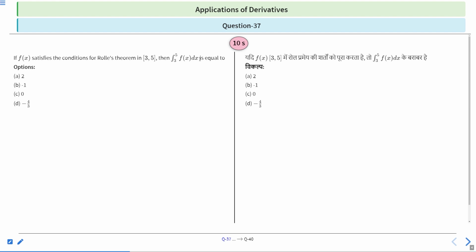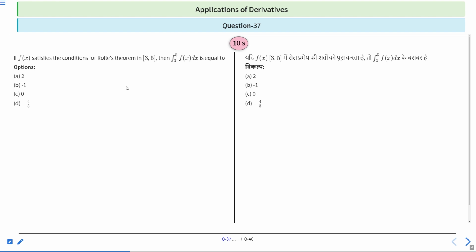So what were the conditions of Rolle's theorem? Condition 1 was the function should be continuous in the closed interval 3 to 5, right? The second condition is that the function should be differentiable in the open interval 3 to 5.